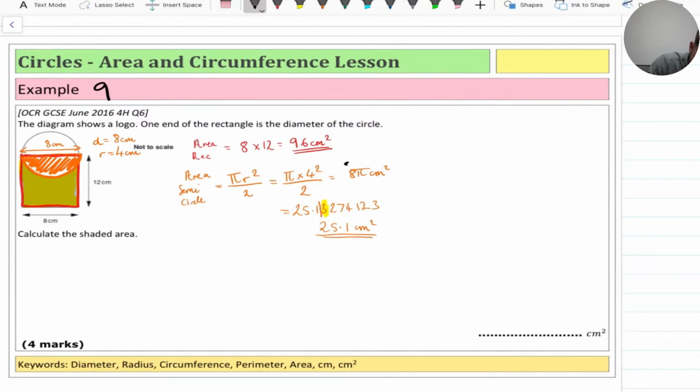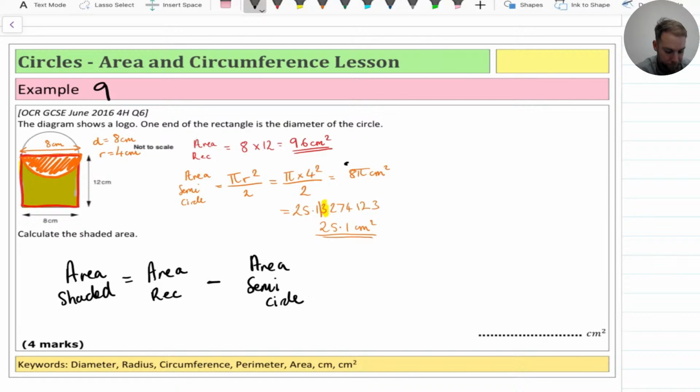So the area of the shaded is equal to the area of the rectangle subtract the area of the semicircle. And the area of the rectangle is 96.